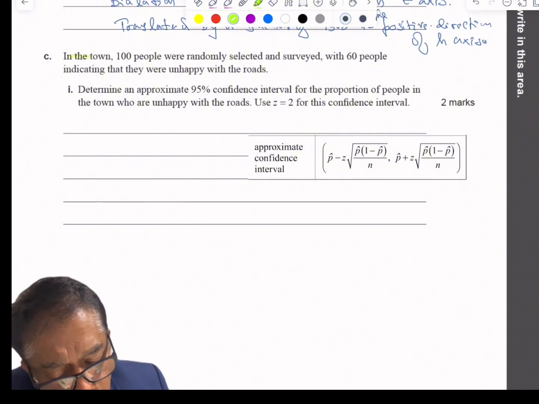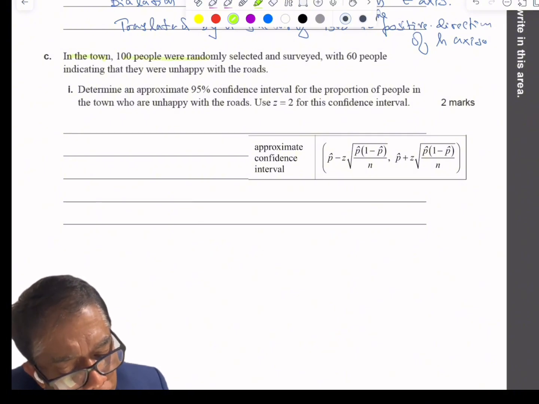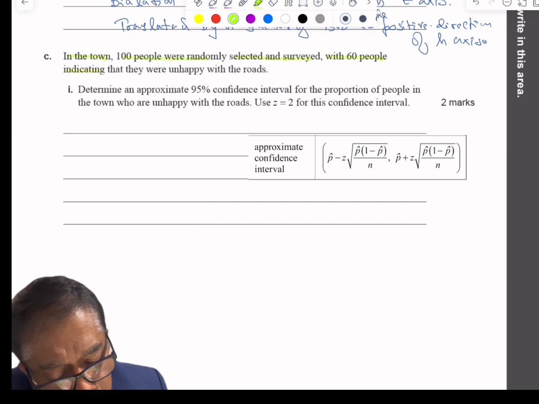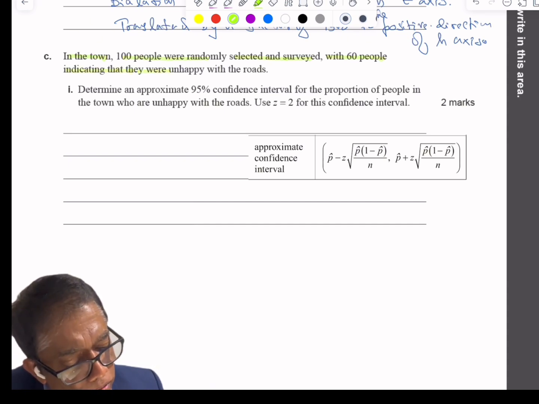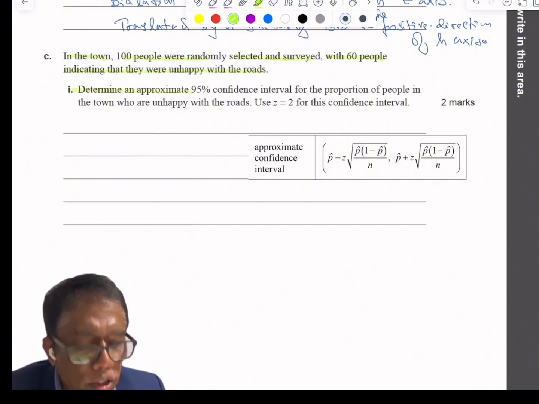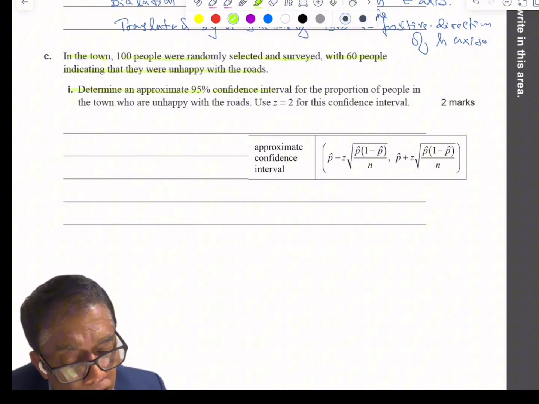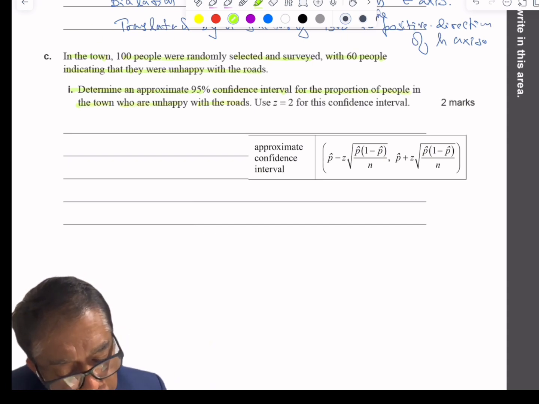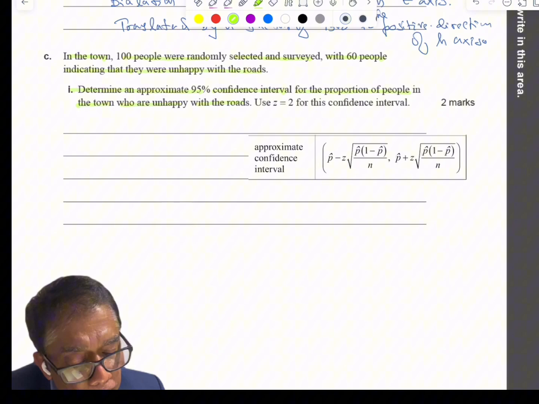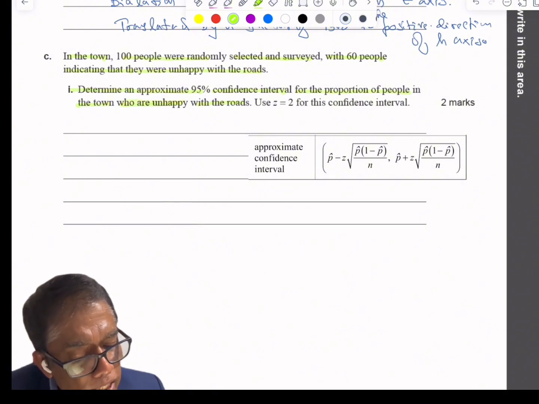In the town, 100 people were randomly selected and surveyed, with 60 people indicating that they were unhappy with roads. Determine an approximate 95% confidence interval for the proportion of the people in the town who are unhappy with roads. Use z equal to 2.